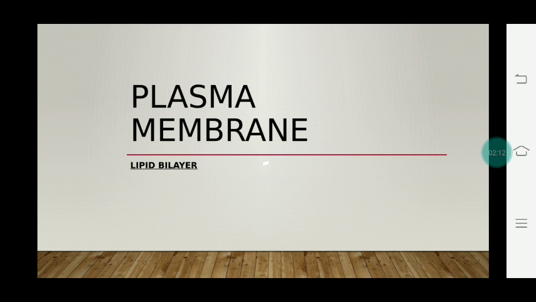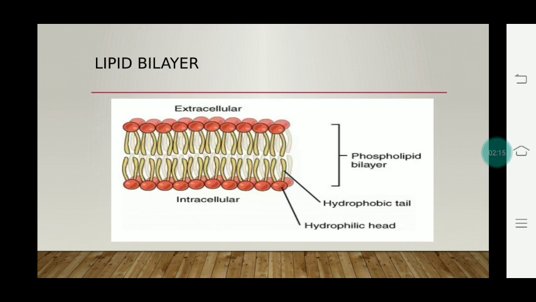So here is the lipid bilayer. In the figure you can see the extracellular and intracellular sides. Between the extracellular and intracellular sides, the plasma membrane is formed by two layers of lipid, the upper leaflet and lower leaflet, made up of phospholipid bilayer.